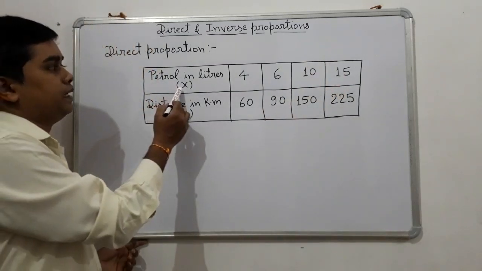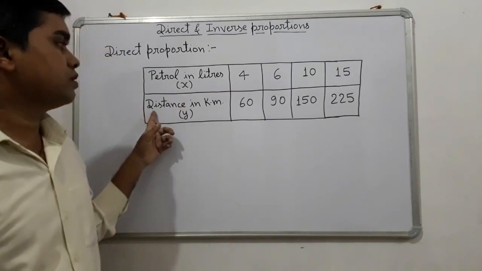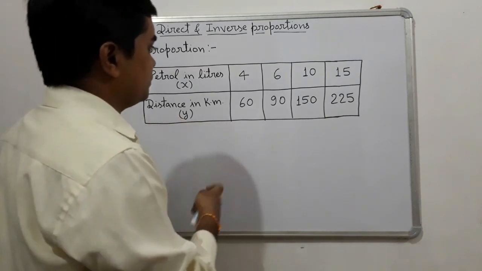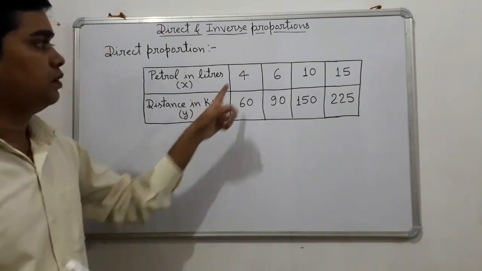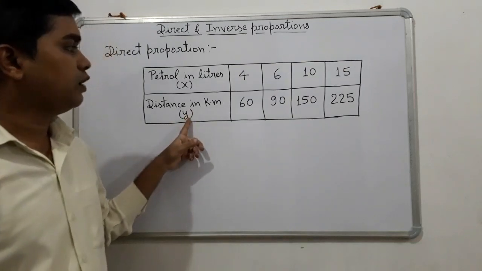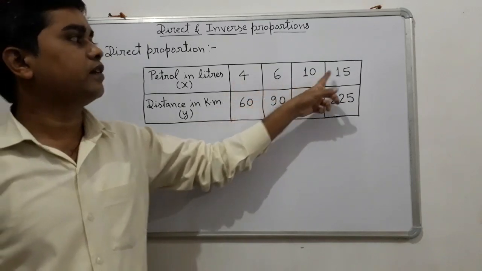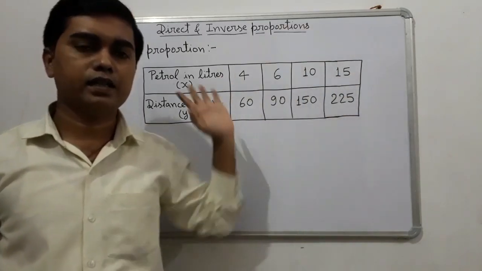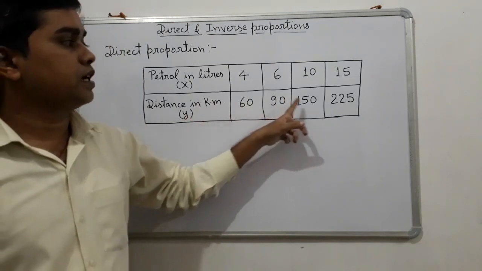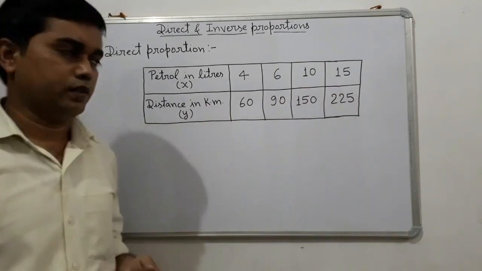If we take quantity of petrol as x and distance as y, then what are we seeing here? If the value of x is increasing, then the value of y is also increasing. See, x is 4, 6, 10, 15, and y is 60, 90, 150, 225. It means the value of y is also increasing.